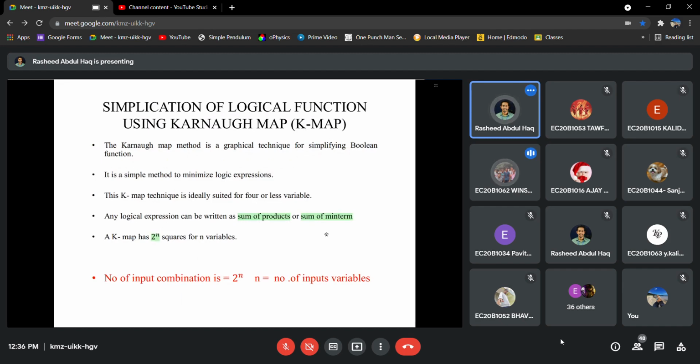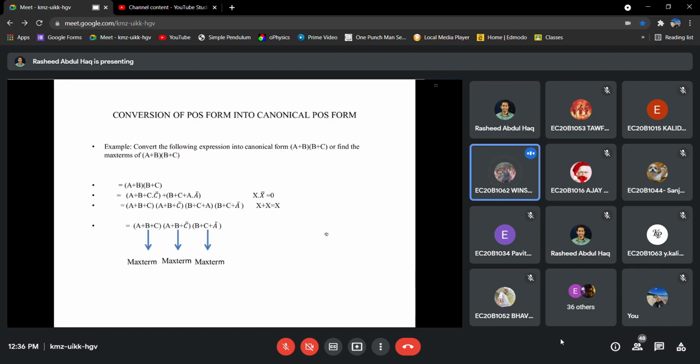So now, sir, can you show that example, sir? This A plus B plus third point, how did we get there? From C dot C bar to the next step. Yes. So we have multiplied that C dot C bar into both terms.